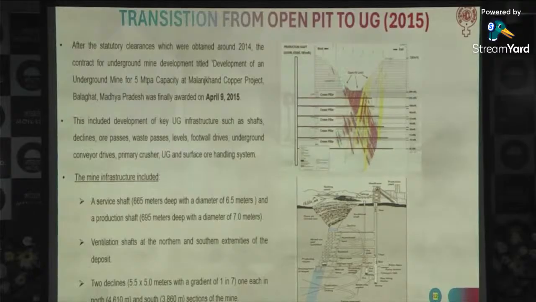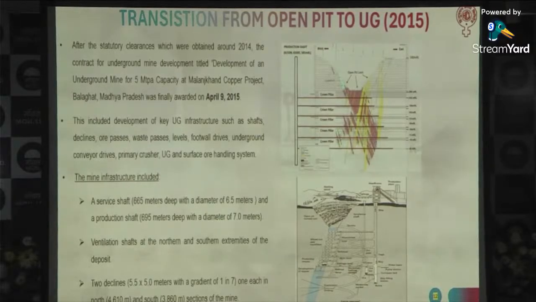The main infrastructure included a service shaft of 665 meters depth and 6.5 meters dia, a production shaft of 695 meters depth and 7 meters dia, and then the ventilation shafts at the two extremes of the ore body, and then declines. Decline of 1 in 7 gradient, of dimension 5.5 by 5 meters.